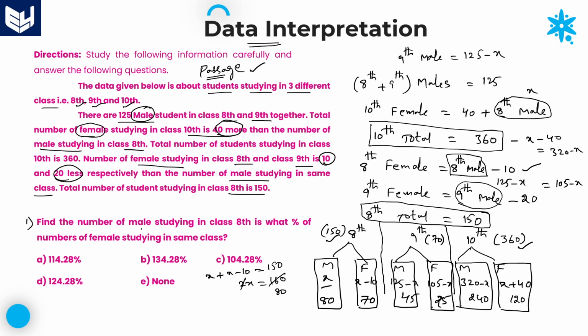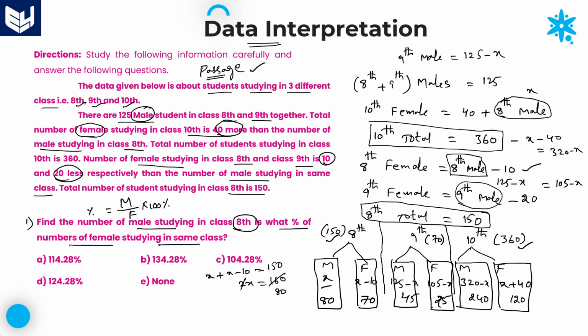Find the number of male students studying in 8th class as what percentage of the number of female students studying in the same class. The question is about 8th class. 8th class male students are what percentage of female students. As we are calculating the percentage, we multiply by 100, that is a common point, right?